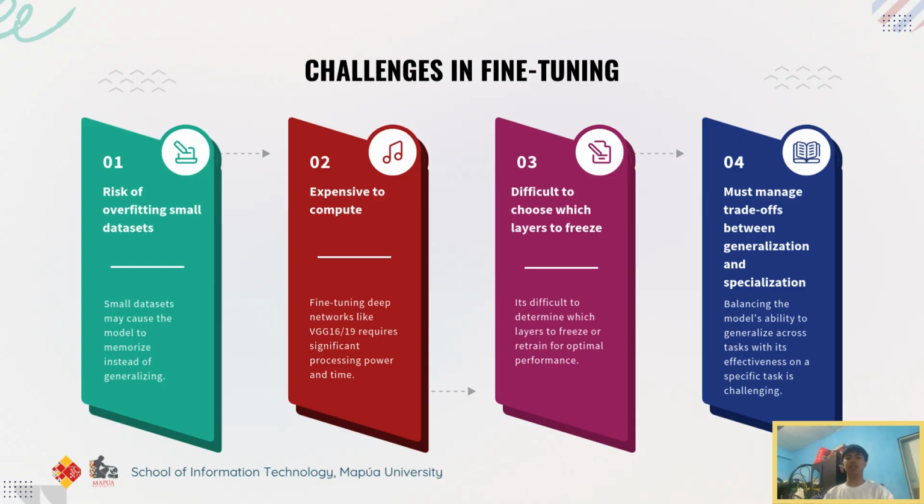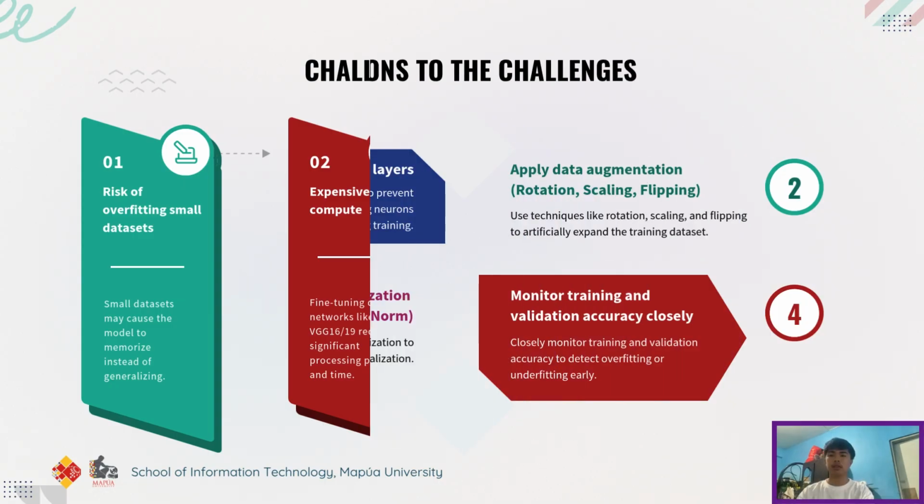Large models like VGG16 or VGG19 require substantial computational resources and can take a long time to train. The challenge lies in deciding which layers should be frozen and which should be unfrozen and retrained to achieve optimal performance for new tasks. Achieving the right balance can be challenging.